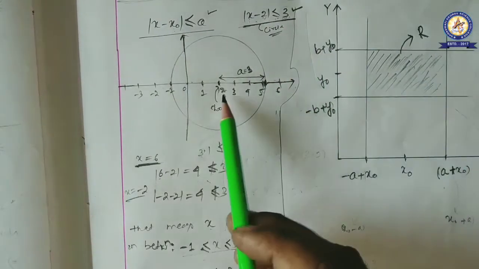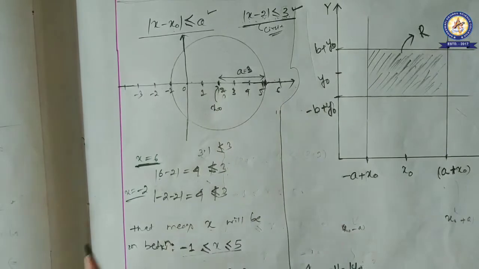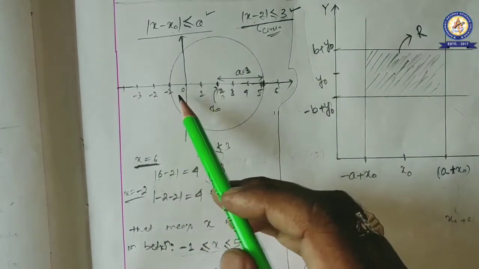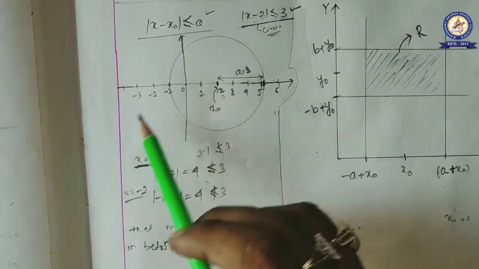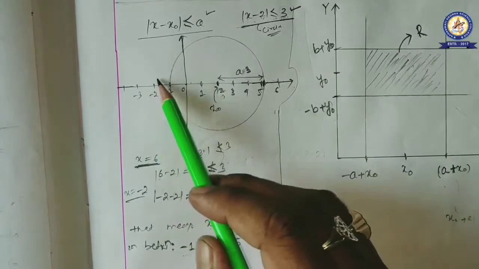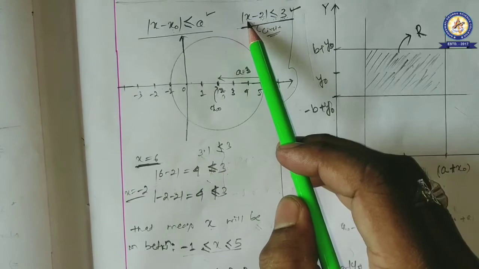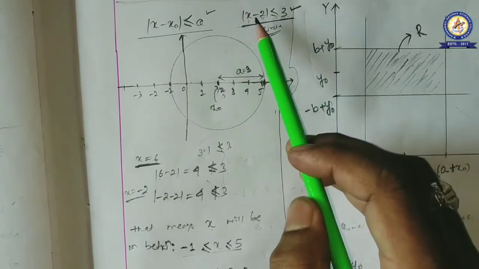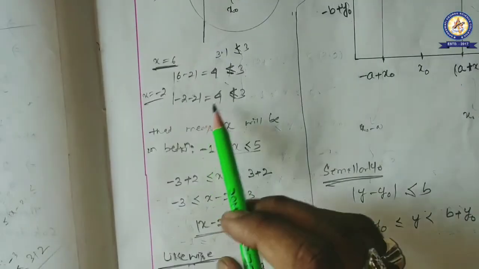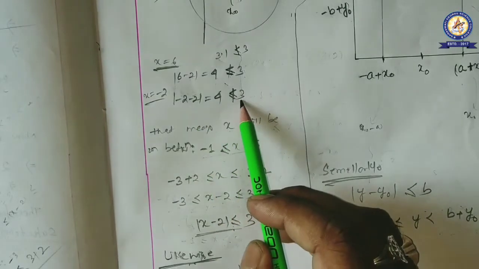Now we are going to consider this side. First suppose we consider minus 2. Then minus 2 minus 2 is minus 4, and its mod is 4, which could not be less than or equal to 3.